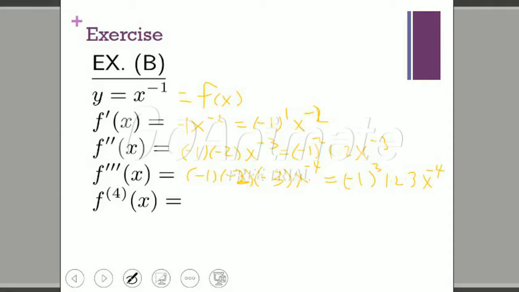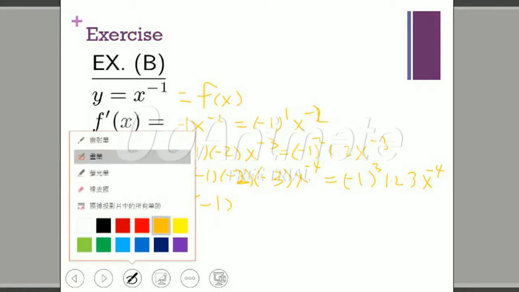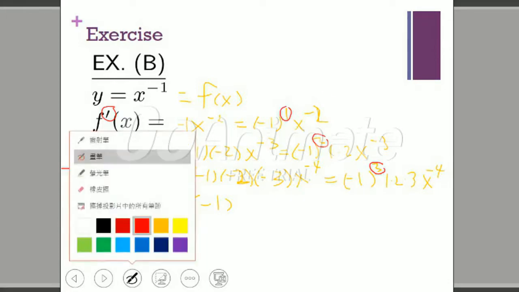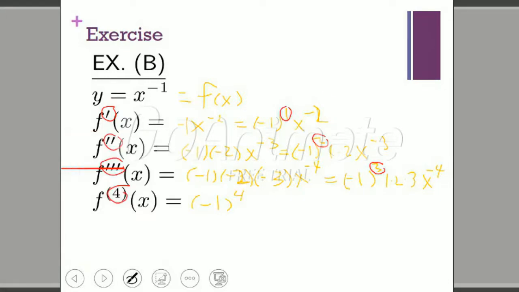So you see a pattern. Minus 1 is to the power of 1 for the first derivative. Second derivative, you have minus 1 to the power 2. Third derivative, minus 1 to the power 3. So the fourth derivative must be to the power 4. And then you have 1 times 2 times 3 times 4, times x to the power minus 5.